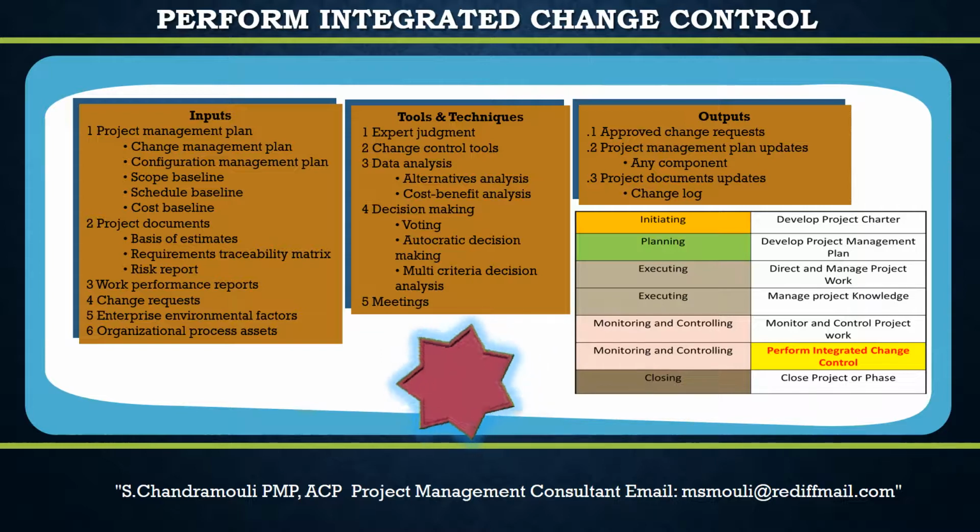The next input of Perform Integrated Change Control Process is the Organizational Process Assets. The organizational process assets may include change control procedures, including the steps by which official organization standards, policies, plans, and other project documents will be modified, and how any changes will be approved, validated, and implemented. Procedures for approving and issuing change authorizations.